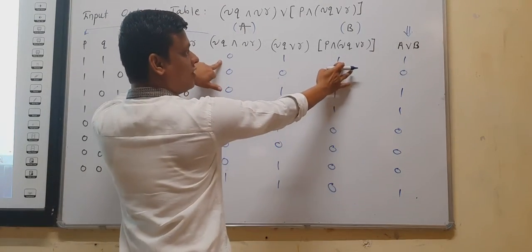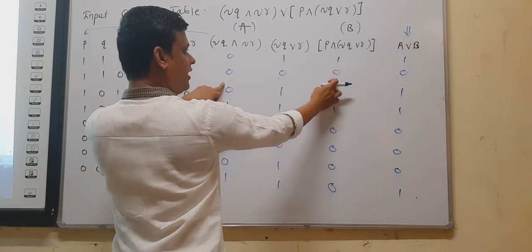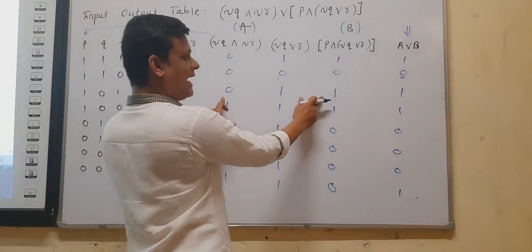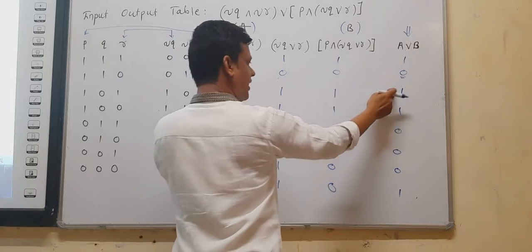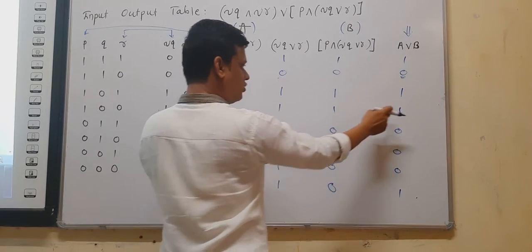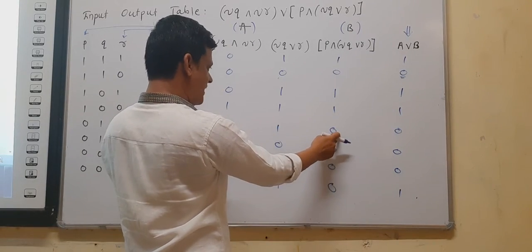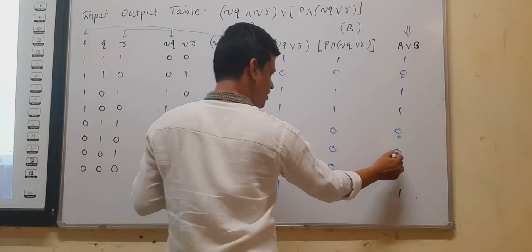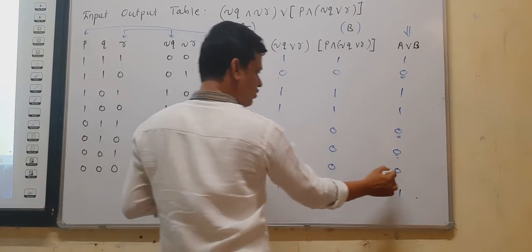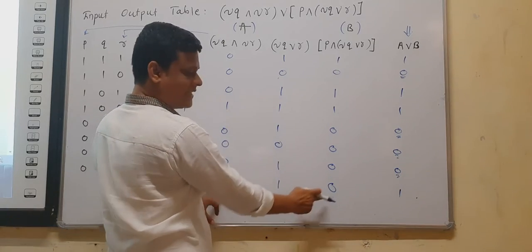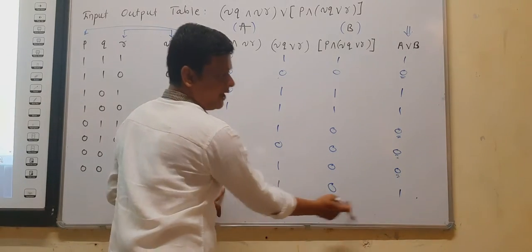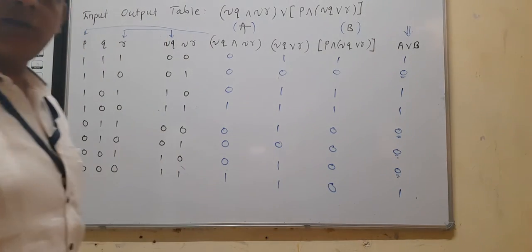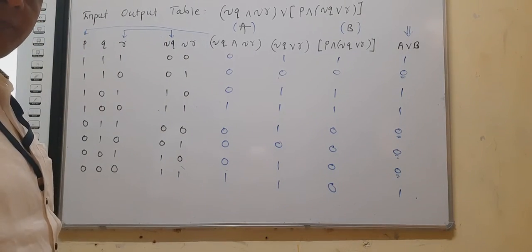Not both 0, so 1. Both 0, so 0. Then 1, 1. Then both 0, so 0, 0, 0. Lastly, not both 0, so 1. In this way, we can prepare the truth table for the given switching circuit.